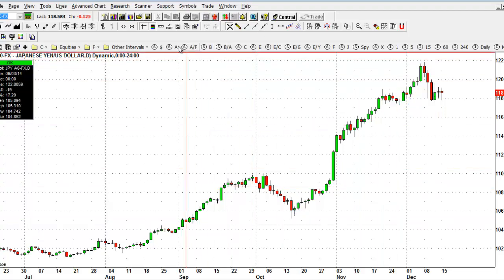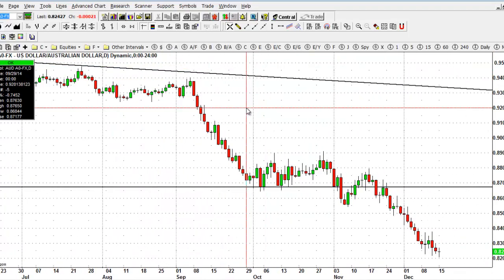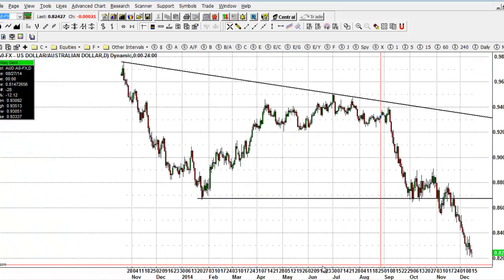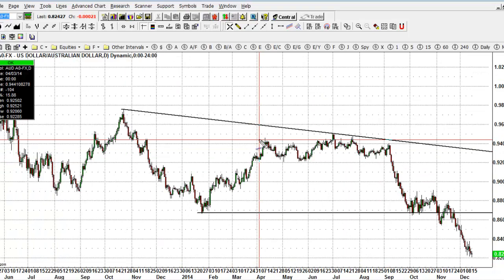Taking a look at the Australian dollar, it is still in a pretty significant decline. The market broke below resistance. We had some support here, pardon me, at the 86.50 level, and the market broke below.